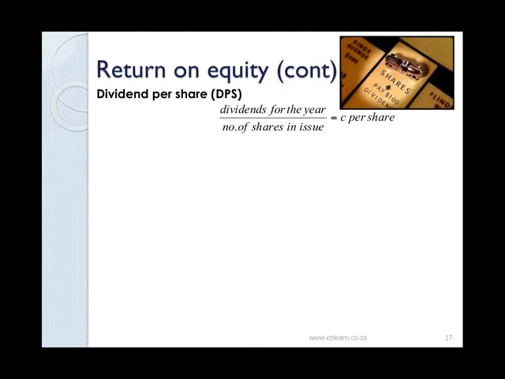Ideally, one would use the weighted average number of shares, which is usually published. You could calculate it by considering how many shares were held by shareholders for how many months of the year, and then how many were held for the other months of the year. For exam purposes, however, you may simply use the number of shares in issue at the end of the year.